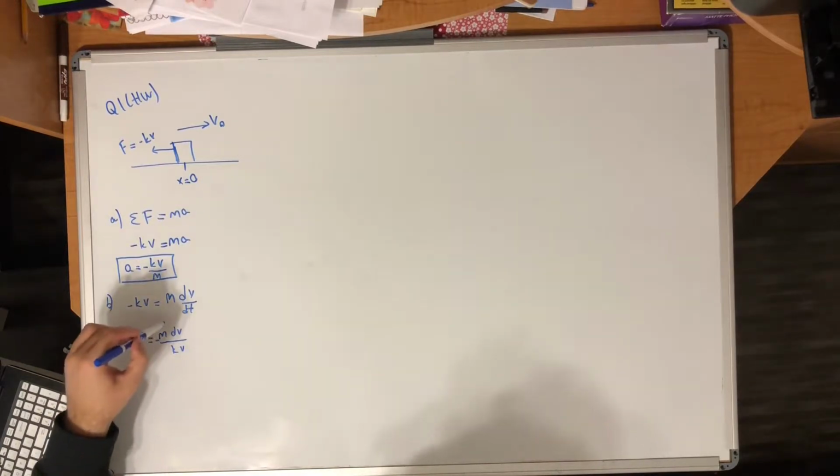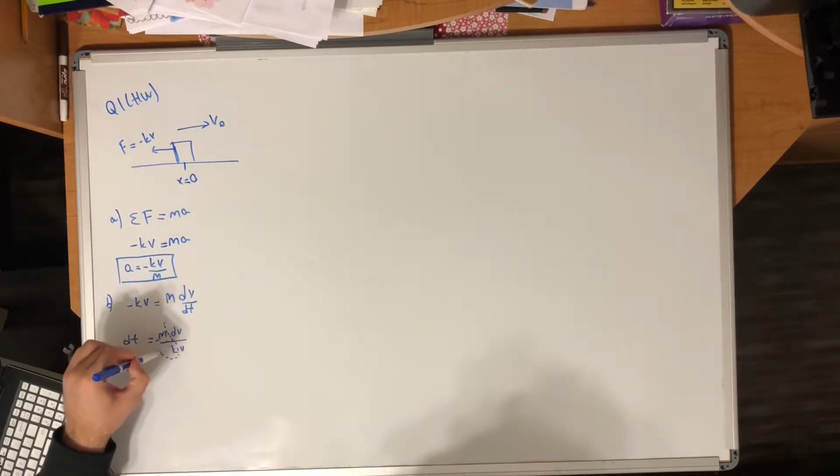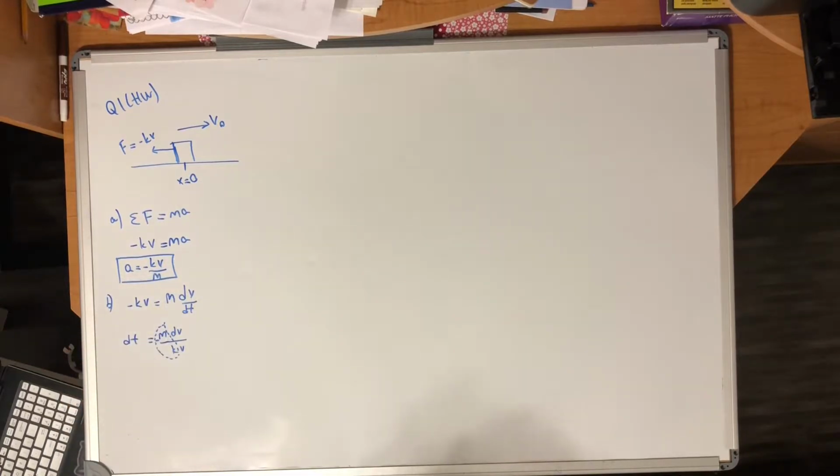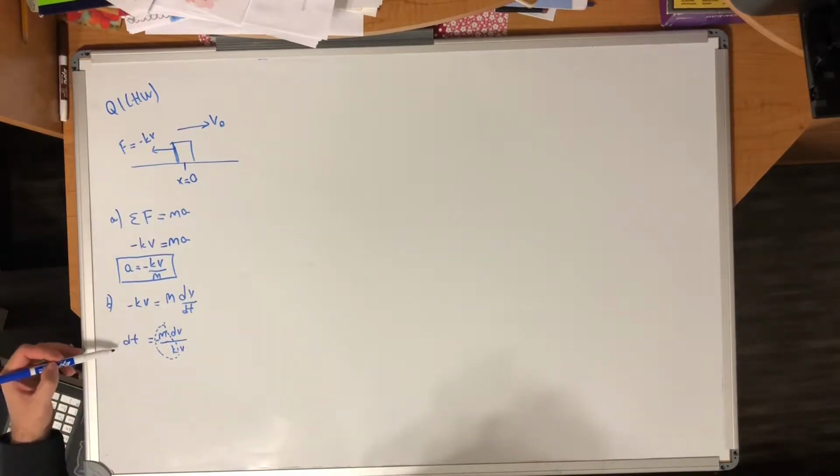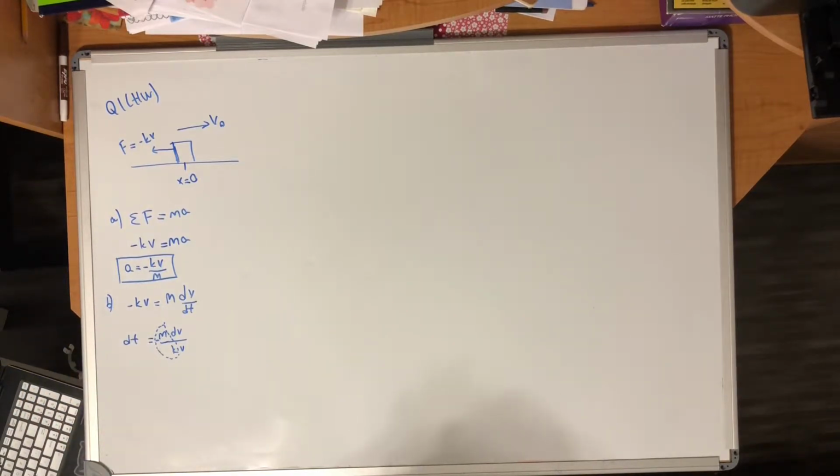So all I would like to do is just get rid of this negative mk, so I'll put it to the other side. To take it to the other side, I just need to multiply with the reverse, which is k over m, and you'll also have a negative, so you multiply with the negative.